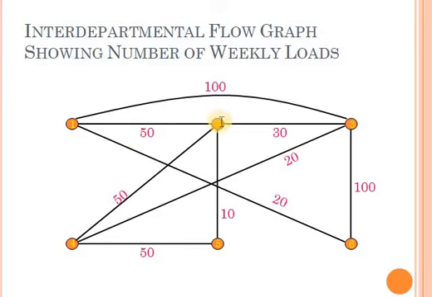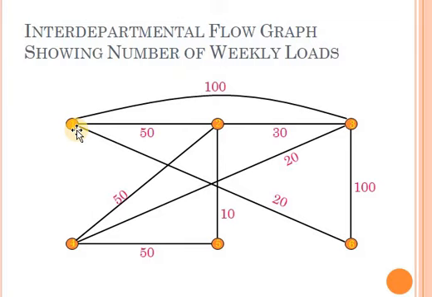From 2 to 3 it is 30. So we can see that the maximum load is between department 1 and department 3. So why don't we try to switch between departments so that we can make department 1 closer to department 3, so as to minimize the distance traveled between these two departments.